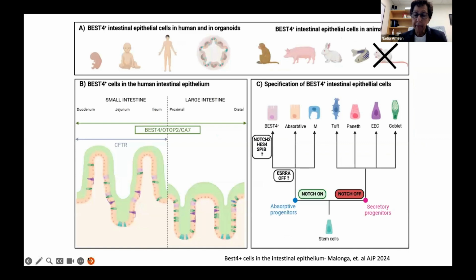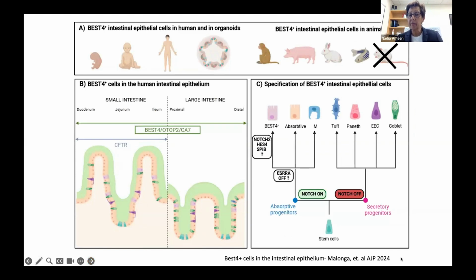There have been several single cell RNA papers published since then, in human intestine and in other species, that have characterized these BEST4 positive cells. This comes from a review that was published earlier this year on BEST4 positive cells in the intestinal epithelium.